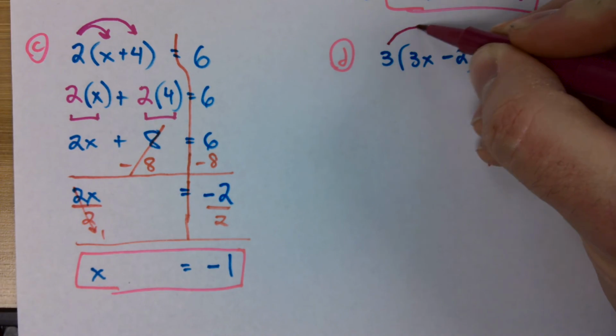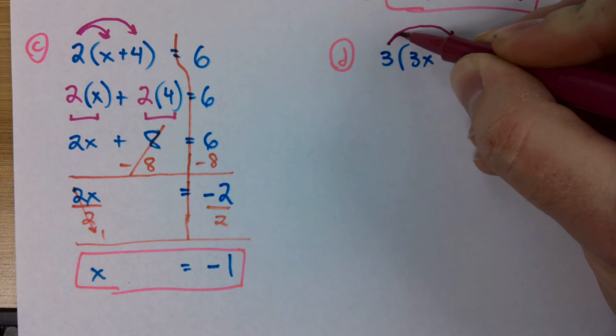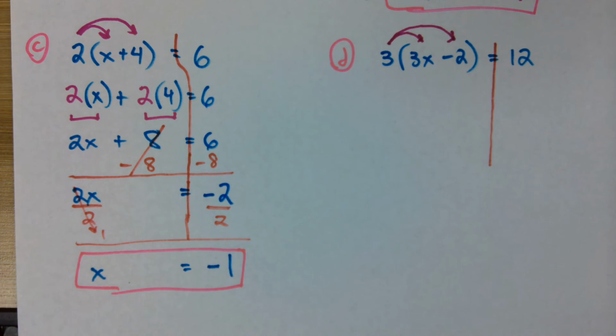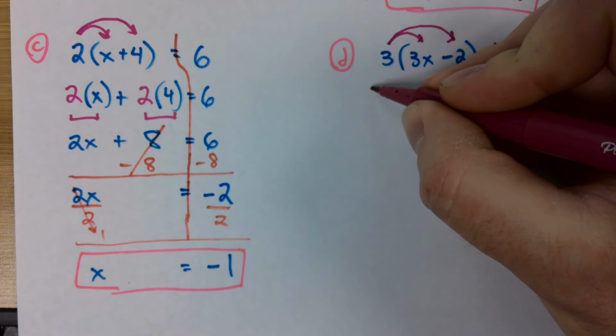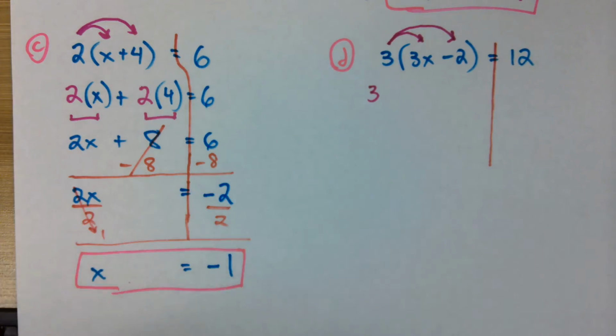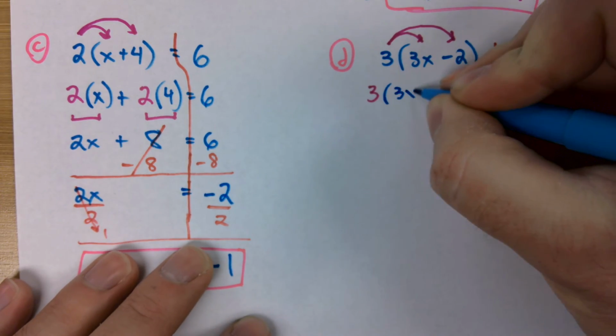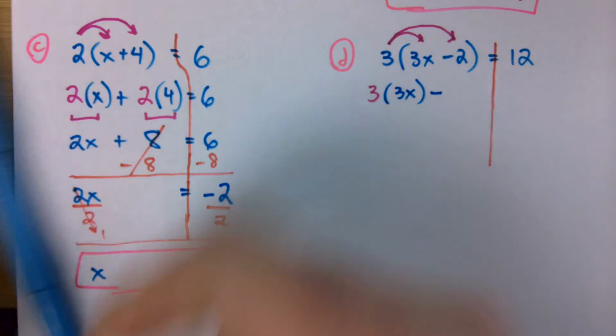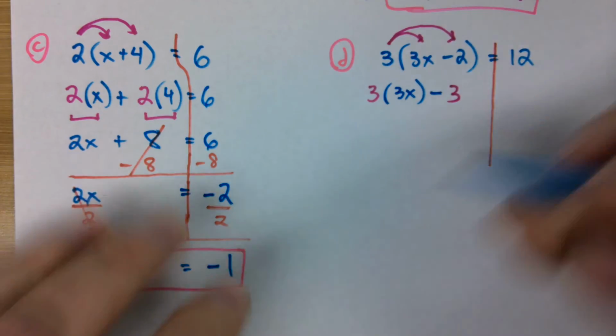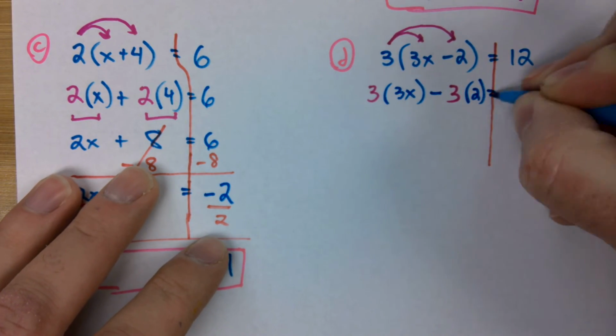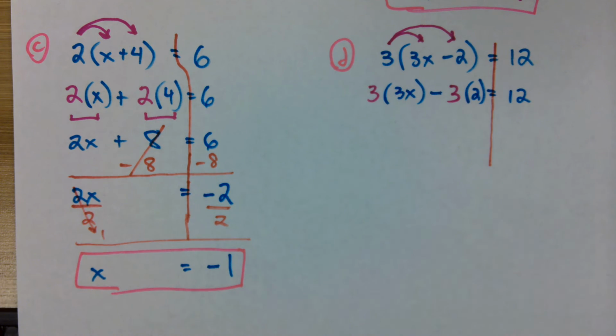We're going to distribute this 3 to the negative 2 and to the 3x. So we'll have 3 times 3x minus 3 times 2. Remember, we want to keep that minus sign in the middle.